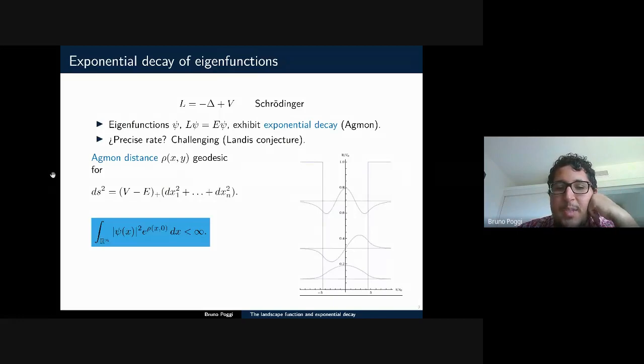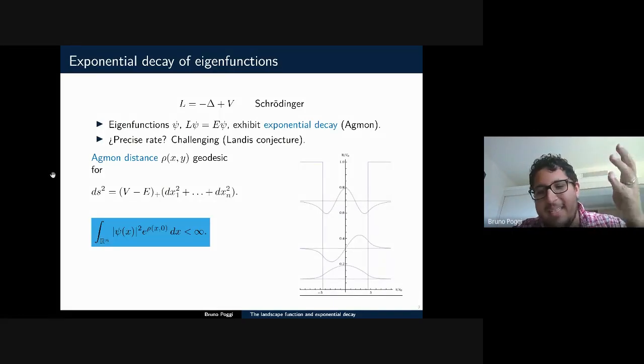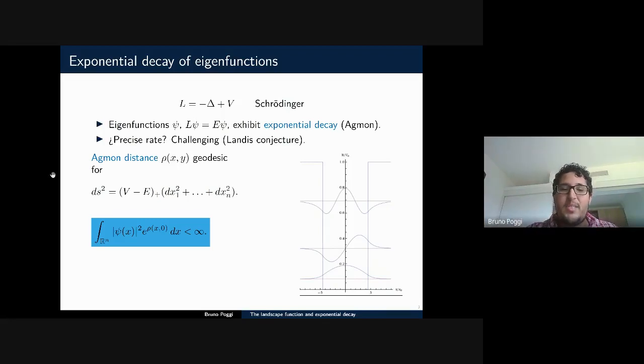It's an L2 exponential decay. It's called L2 because it's an average: you're integrating an exponential function. So if this integral is finite, it must mean that the function psi of x squared has some exponential decay.